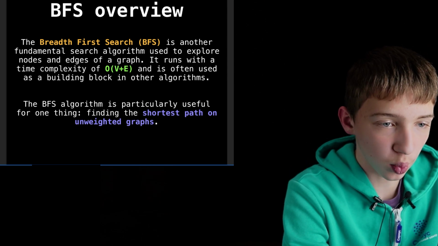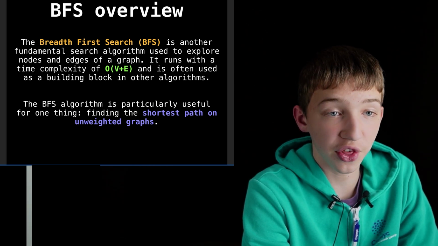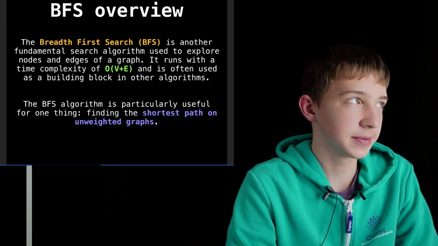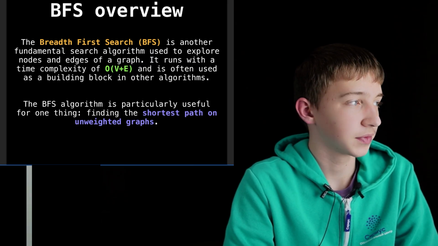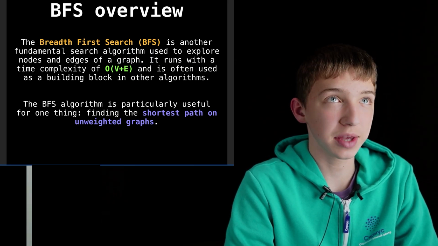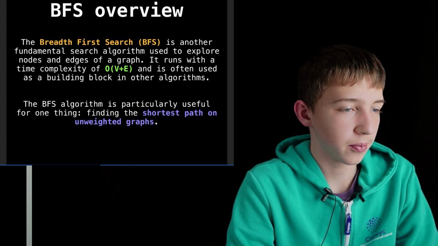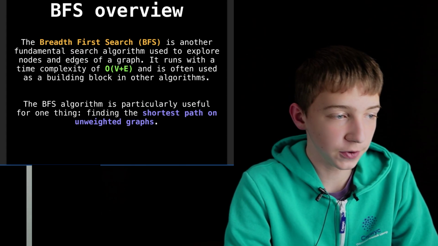Even so, it is pretty useful, and today at the Moscow Olympiads for students, I implemented depth-first search on one particular problem of finding the shortest path. So they are both useful.